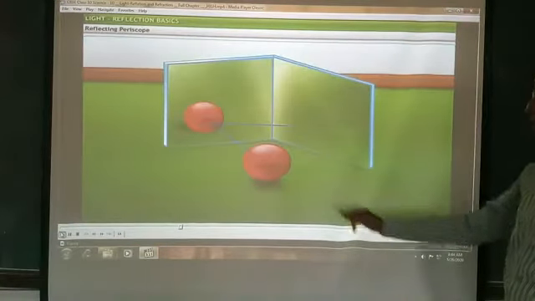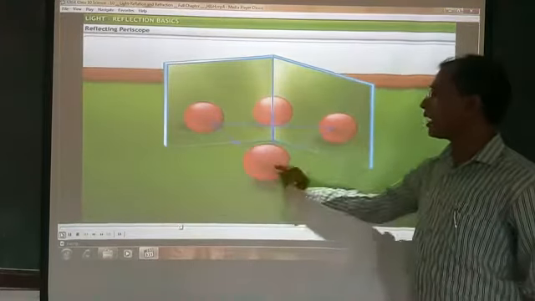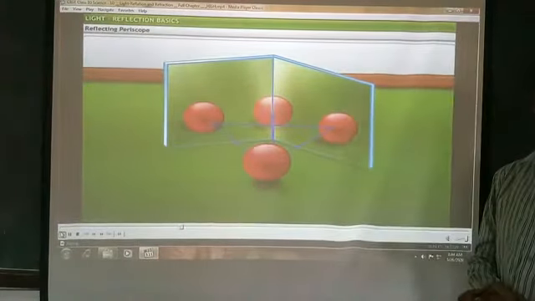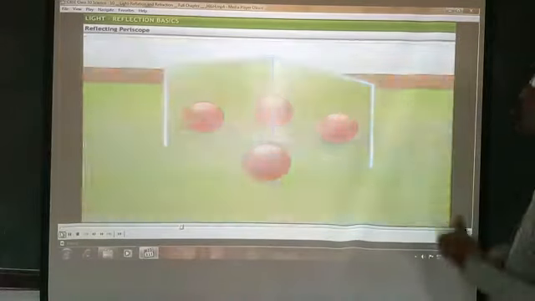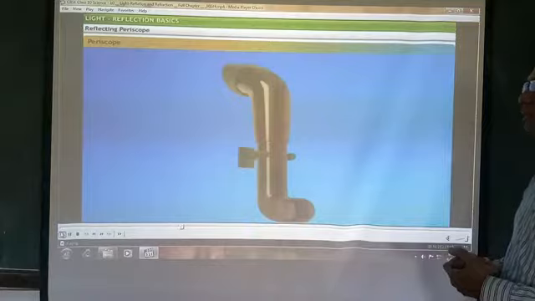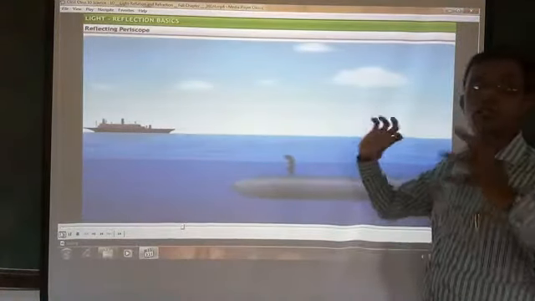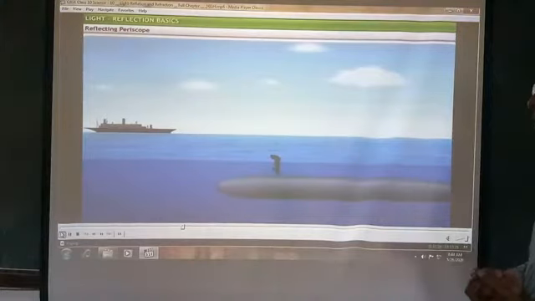So let us consider an object; the images are formed inside the mirror. Now, generally we observe the periscope, which is used to see submarines in the ocean or the sea.